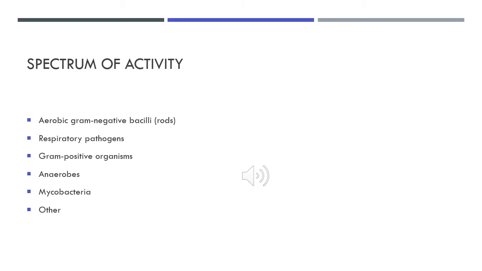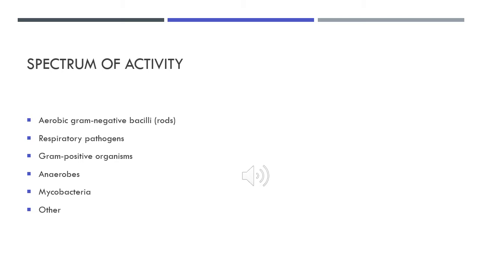Okay, so this slide is going to be lengthy, and because there's lots that I want to tell you on this slide, I am going to say a lot versus writing down oodles and oodles of information. So let's take these one by one. Aerobic gram-negative bacilli and rods. So most fluoroquinolones are very active against aerobic enteric gram-negative bacilli.